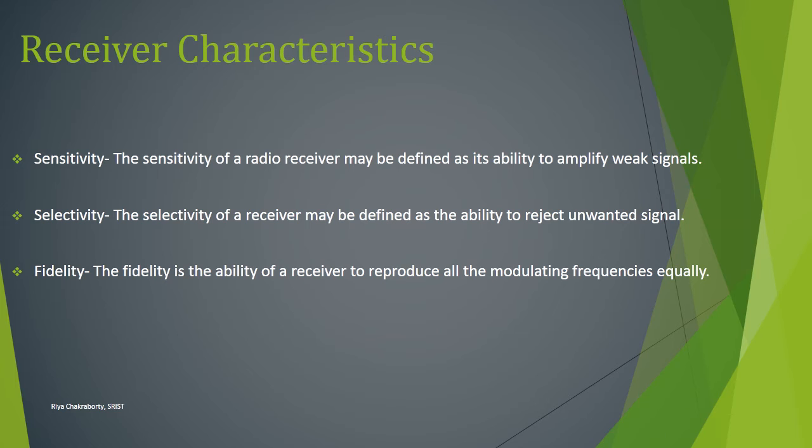High fidelity is essential in order to reproduce good quality music without introducing any distortion. For this, it is essential to have a flat frequency response over a wide range of audio frequencies.